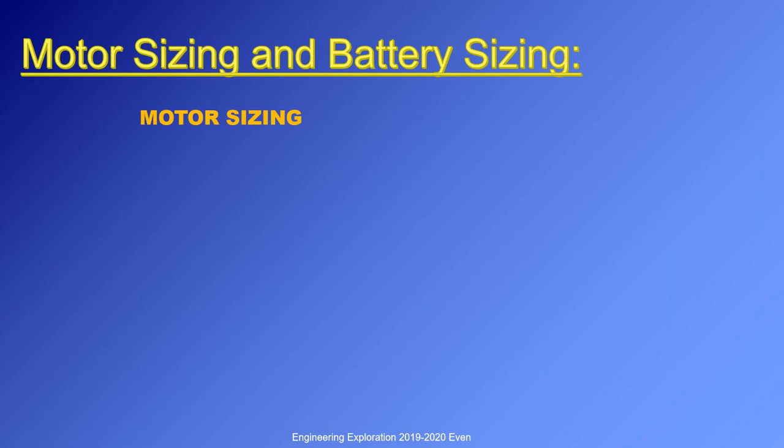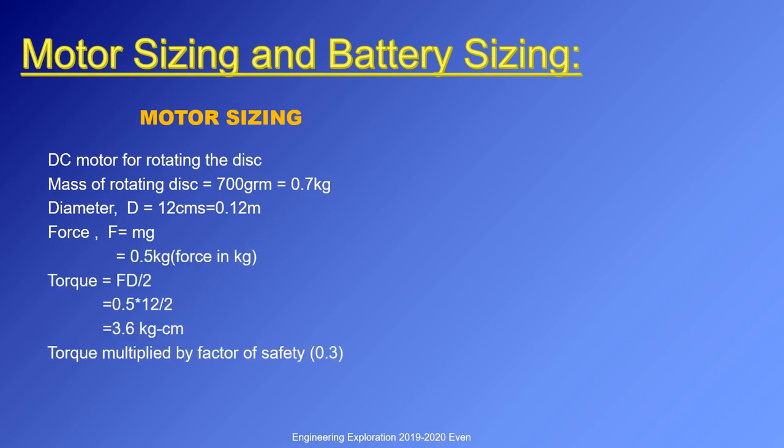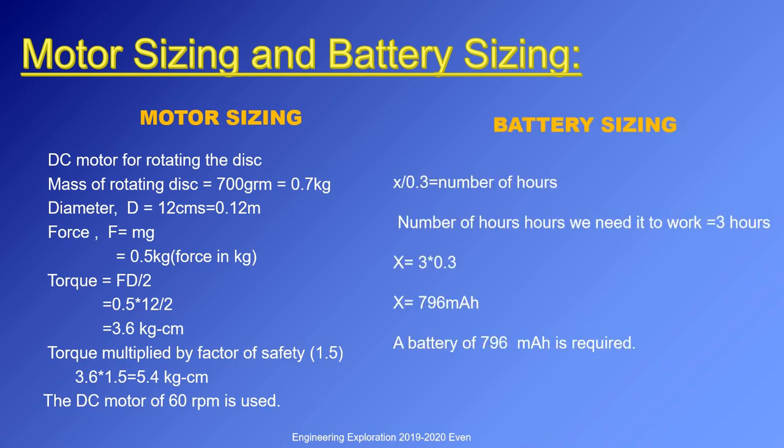Calculating the motor size for our disk, through our calculation we got about 60 rpm of DC motor to be used for rotating our disk, and a battery size of 900 mAh is required to rotate the disk.